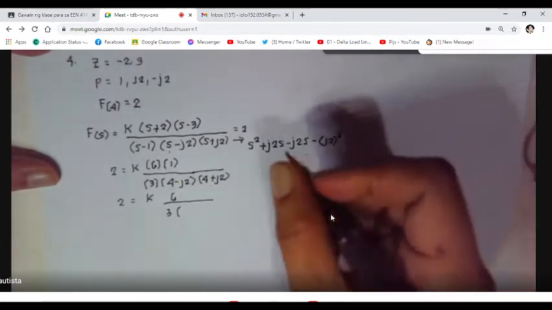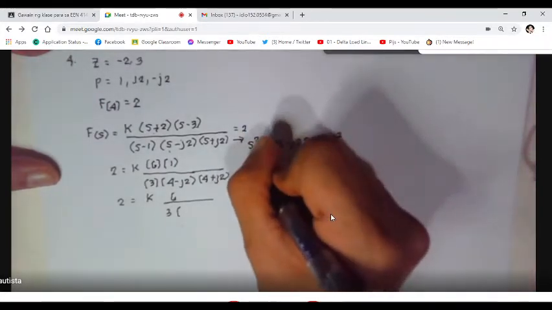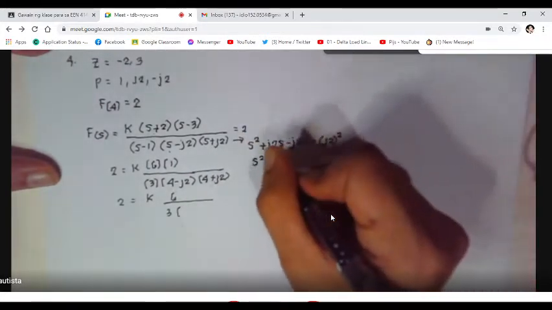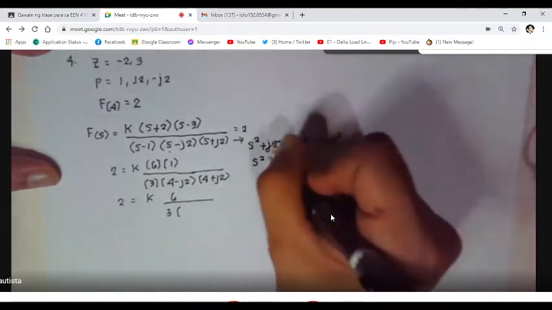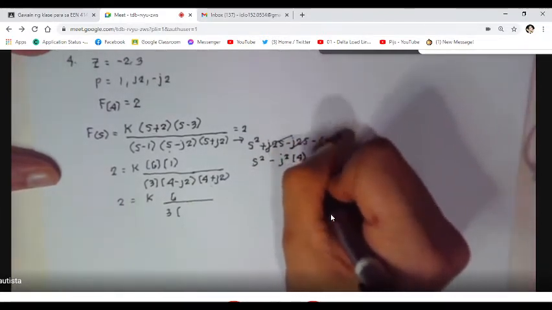The middle terms cancel, so you have negative j squared times 4.